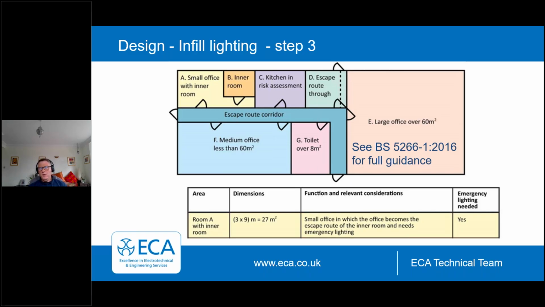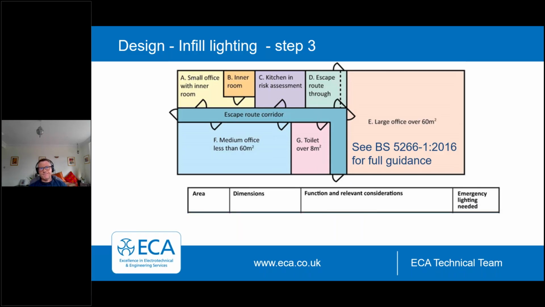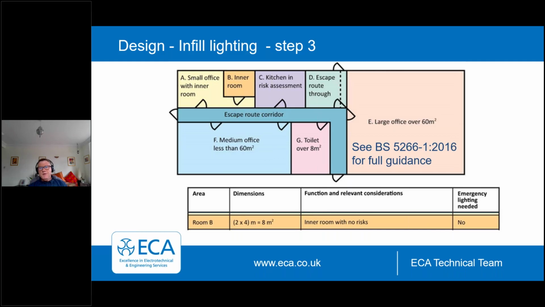For that reason, we would need to consider infill lighting within room A. Room B, no, funnily enough, you wouldn't actually need emergency lighting within that room because as soon as you open the door to it, it's only a small room, you would have illumination provided within A, sufficient so that you can get into the escape route corridor.